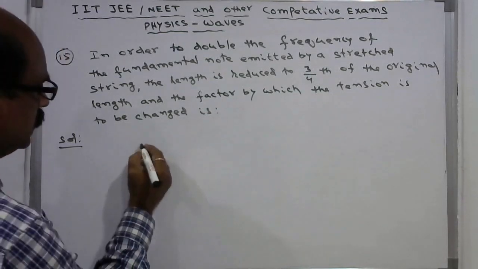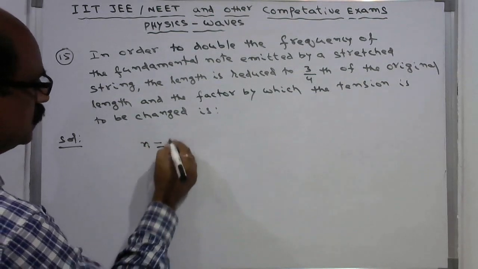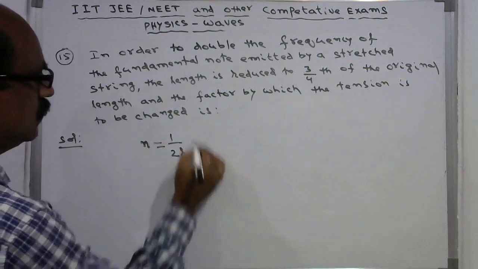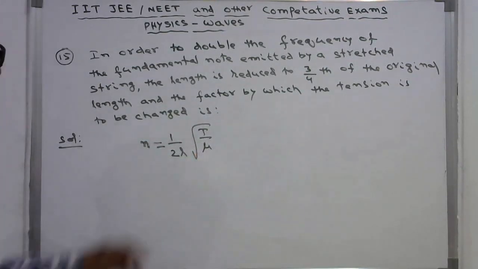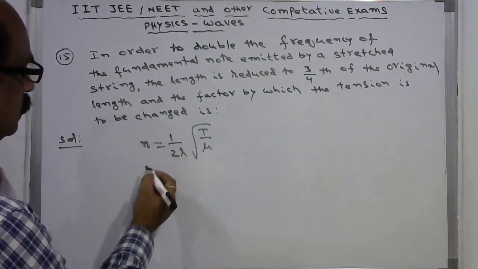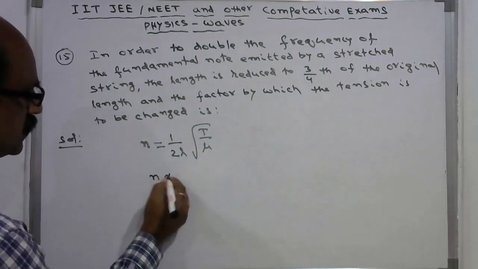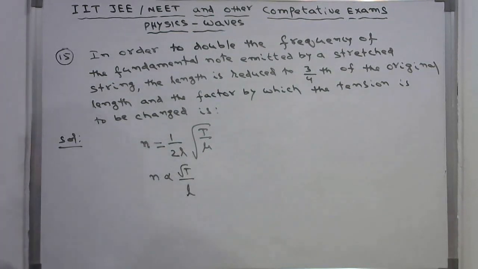So we know the fundamental frequency of a stretched string is equal to 1 by 2L whole root T by mu. The string's mu is constant, and n is proportional to root T by L for the given string.